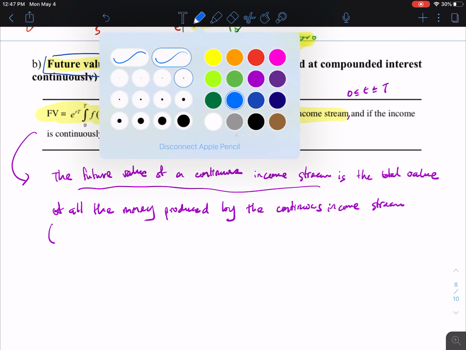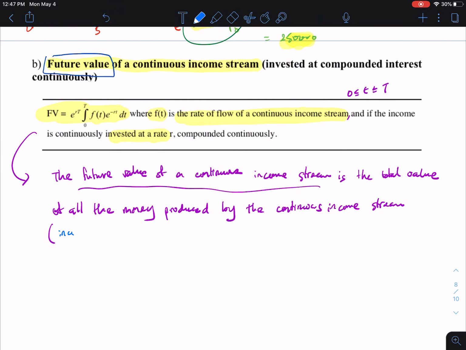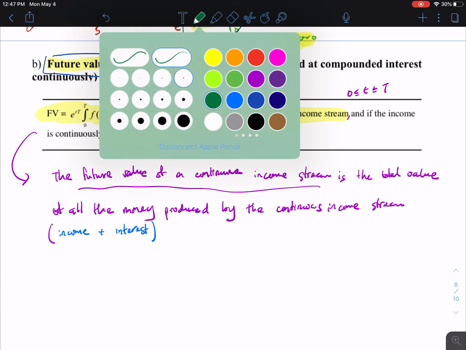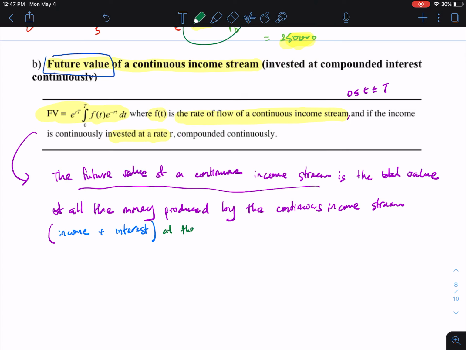This includes the income, or the amount deposited, plus the interest earned, so how much is in the account at the end of capital T years, right?